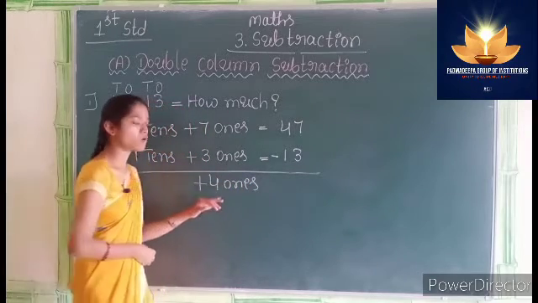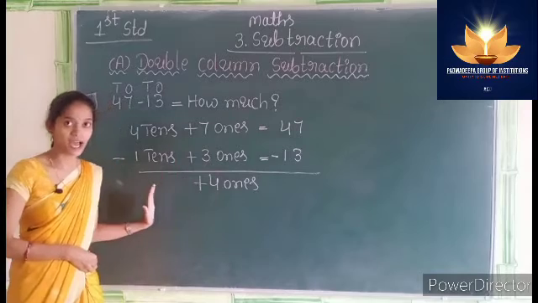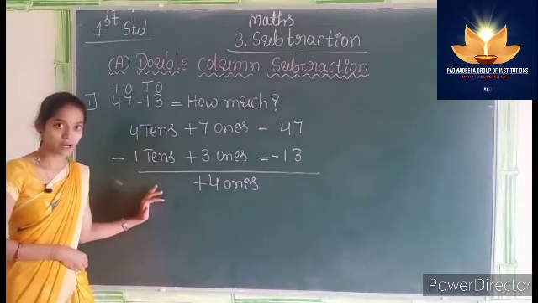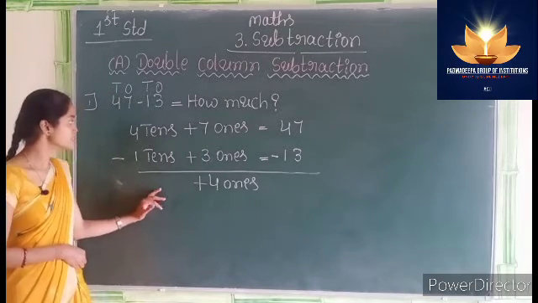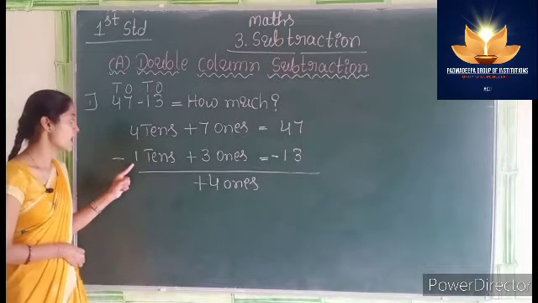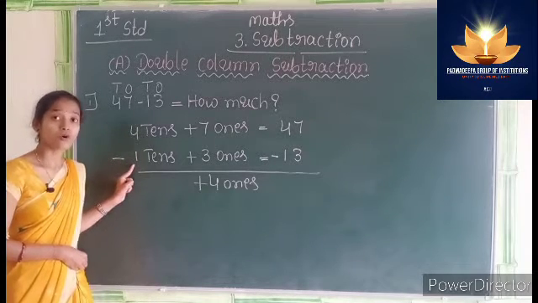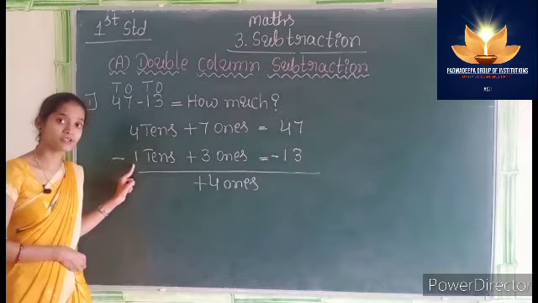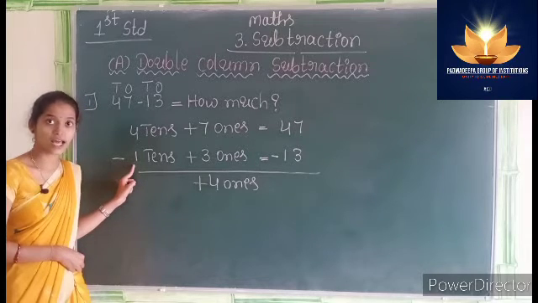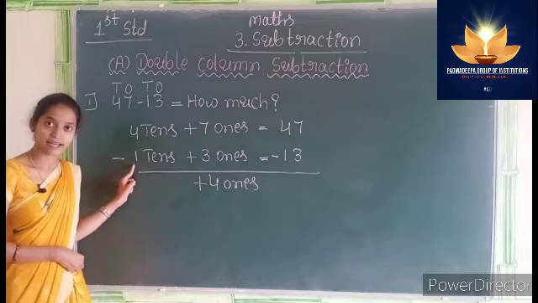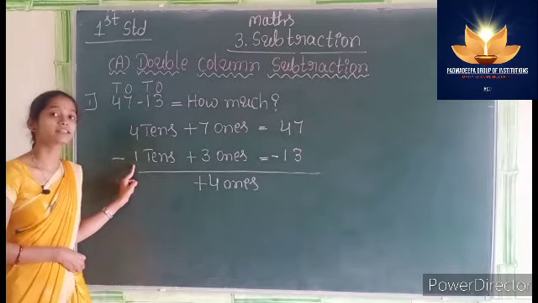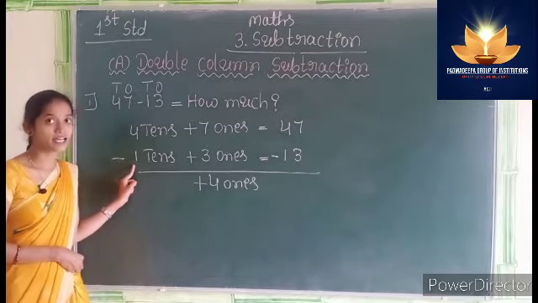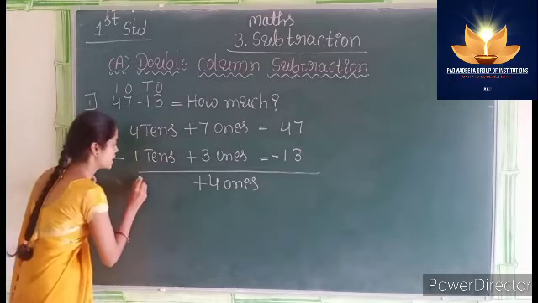After subtracting ones place numbers, then we have to subtract the tens place numbers. In the tens place we have 4 and 1. 4 minus 1 how much? 4 minus 1, 3. We get 3 tens and that 3 should be written under this tens place.